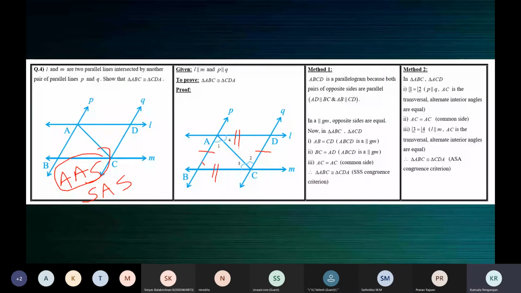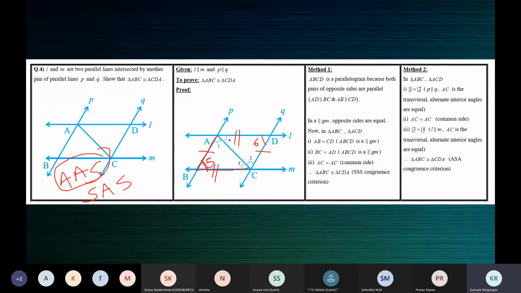ABC. So maybe we can call it 5. Angle 5 is equal to? Angle ADC. So see here, now the sides AB and BC include angle 5.